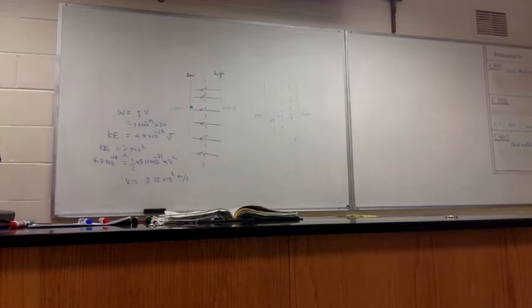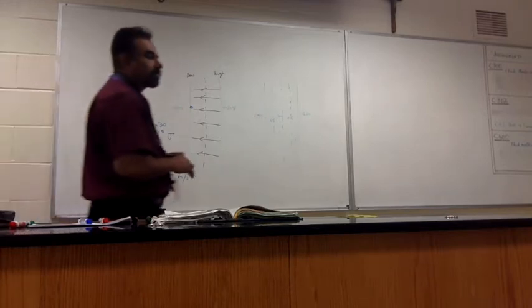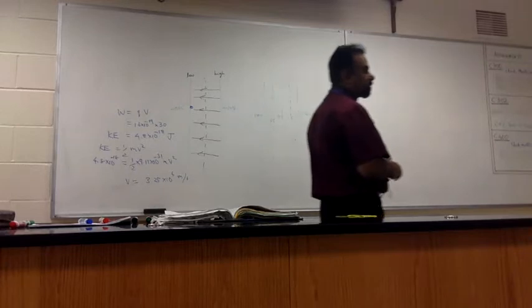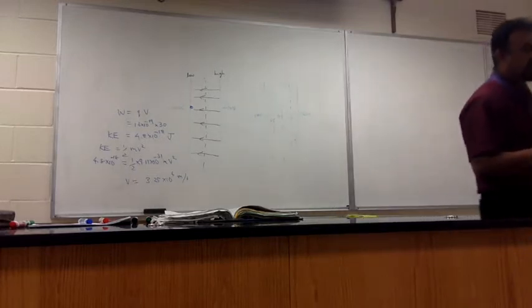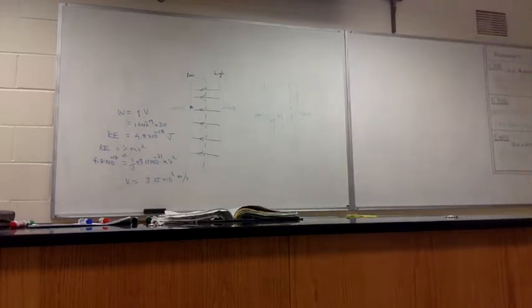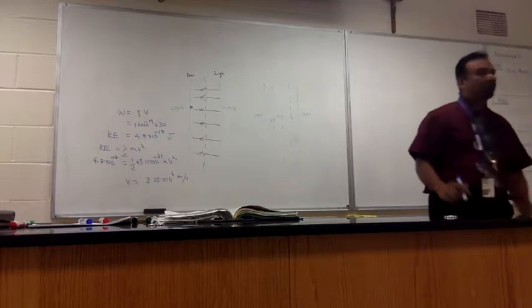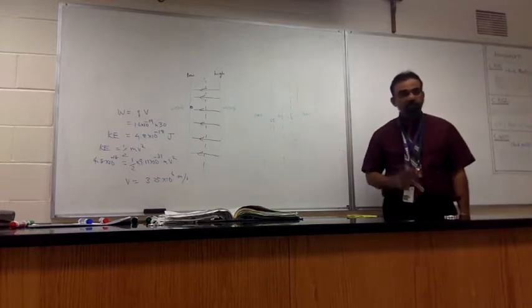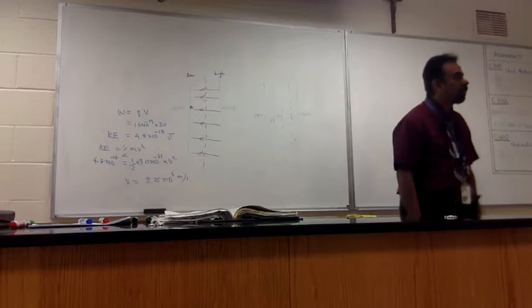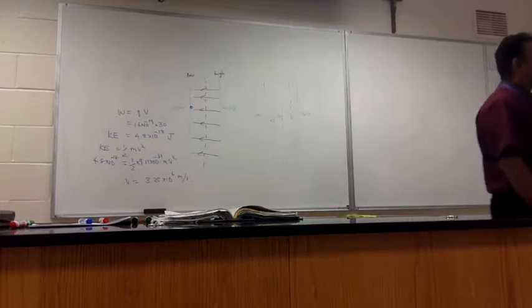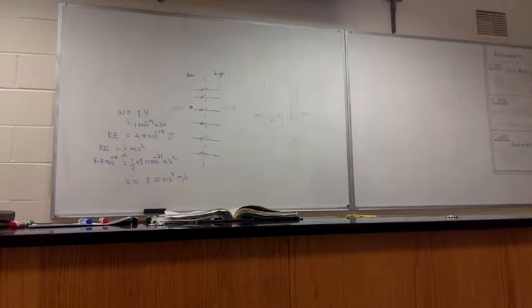Everyone make sure that you're getting it. Just make sure that you're getting the right answer. I don't know if it is right, but just check. All you do is equate half mv squared to the kinetic energy that you just got, and you can figure out how fast the electrons are going to crash onto the plate.